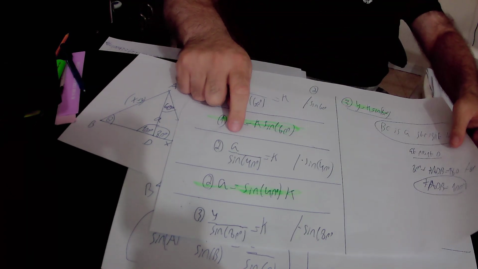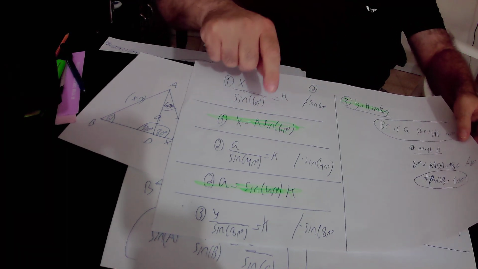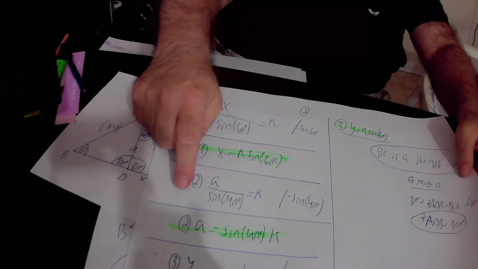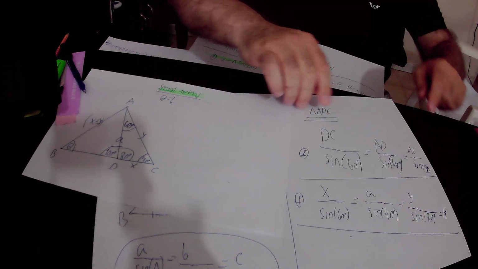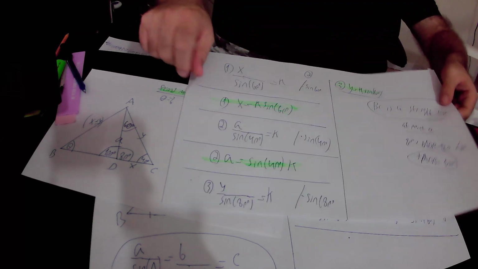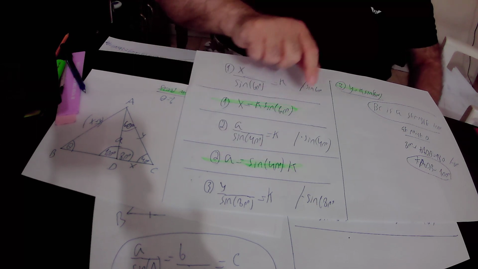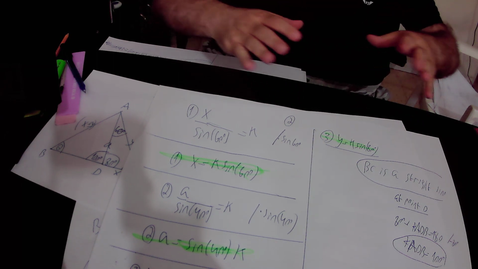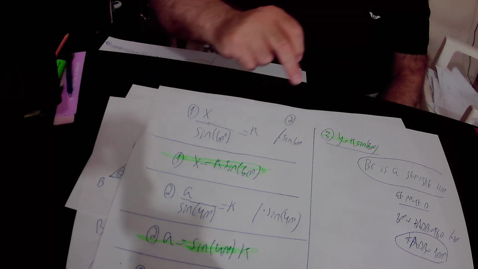That is to say, A over sine 40 degrees equals K. Here we multiplied this equation number 2 by sine 40 degrees, and found out that A equals sine 40 degrees times K. And then finally, those two expressions are also equal to each other. So Y over sine 80 degrees equals K. We multiplied this equation by sine 80 degrees and found out, according to equation number 3, that Y equals K times sine 80 degrees. So we actually found out the values of X, Y, and A.